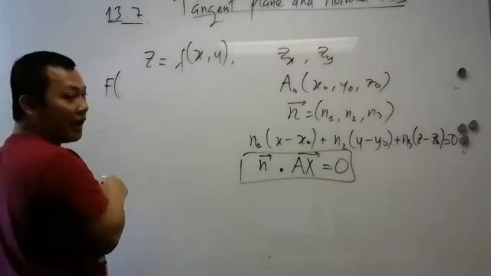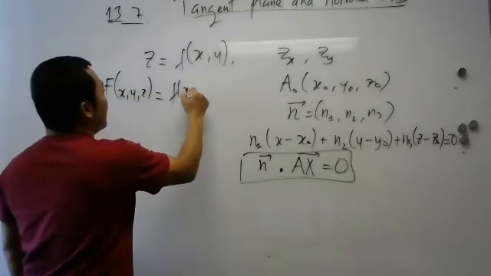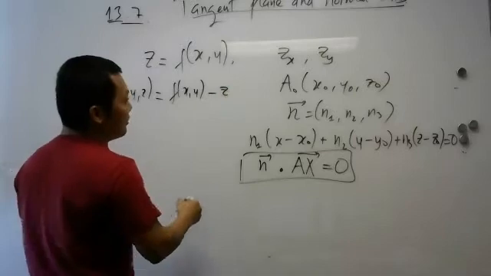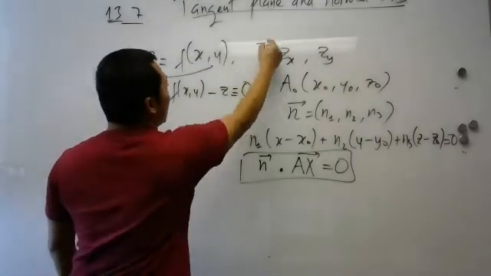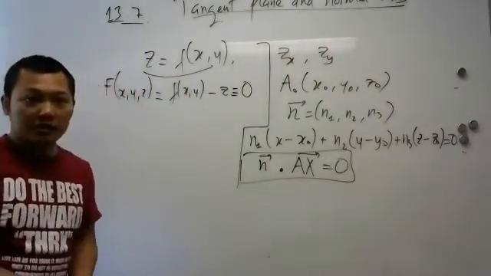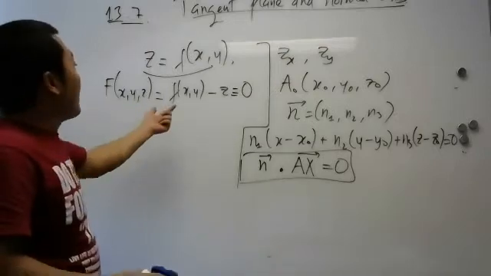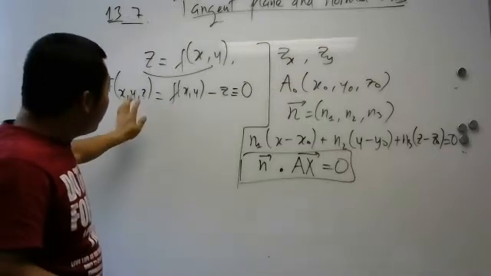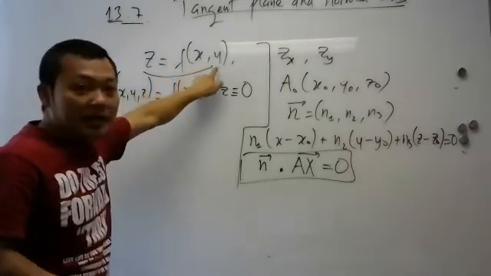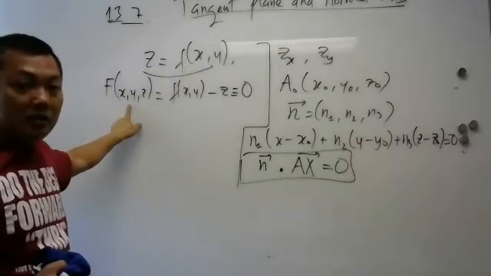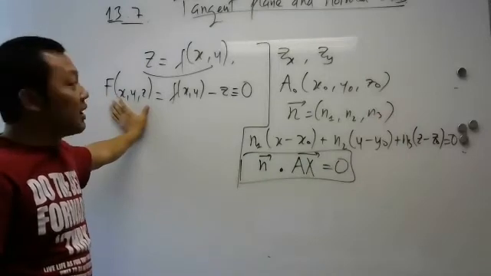I just denote by capital F(x, y, z) equal to f(x, y) minus z. And of course, because of this identity, this function is identically equal to 0. Make sense? In this situation, it turns out that our surface, z equal to f of x and y, is just a level surface for the whole function F, corresponding to the value 0. Make sense?